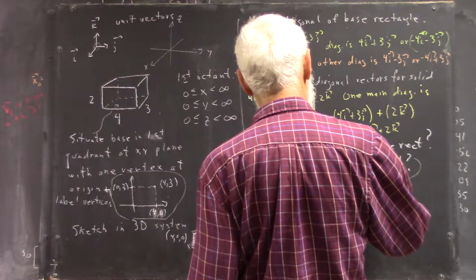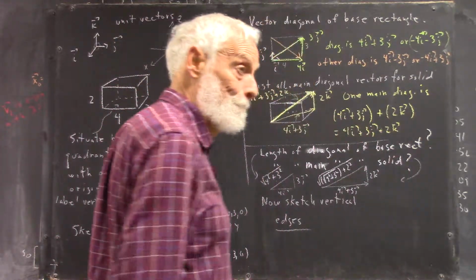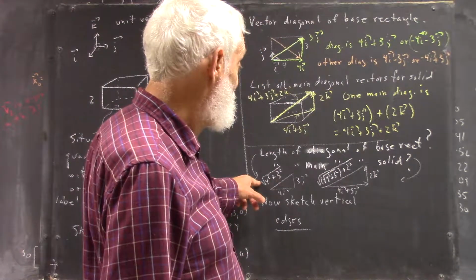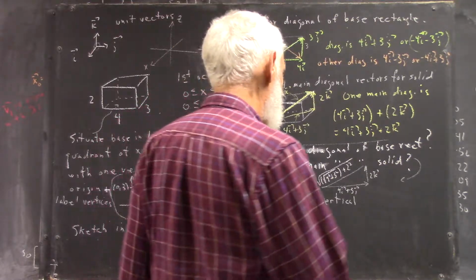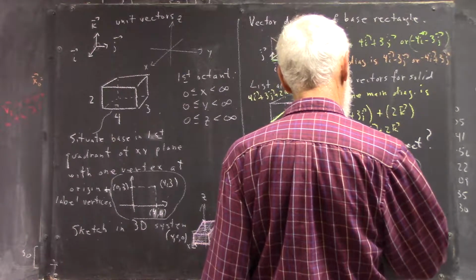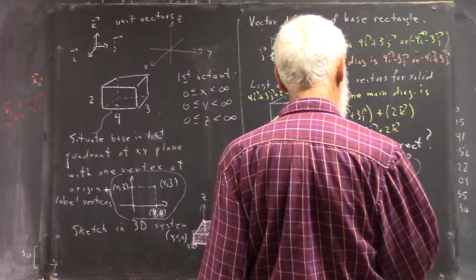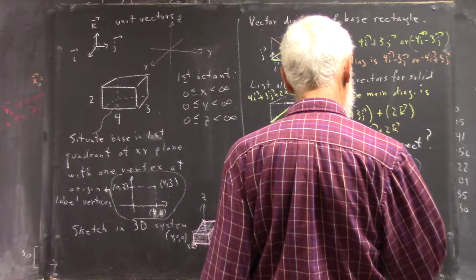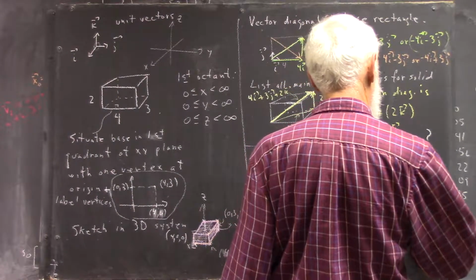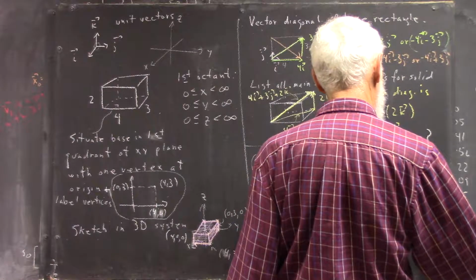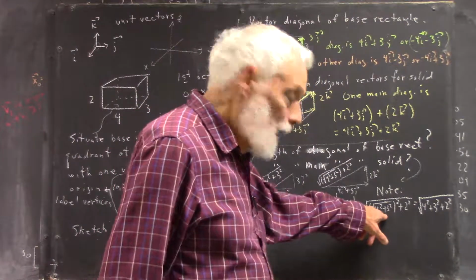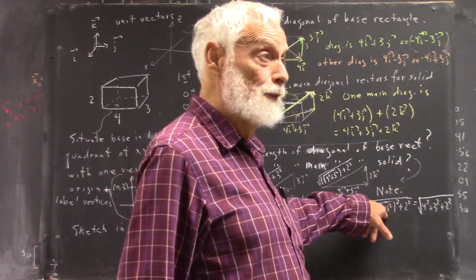Plus 2 squared, right? Using this, okay? But if I expand this, I get 4 squared plus 3 squared, right?